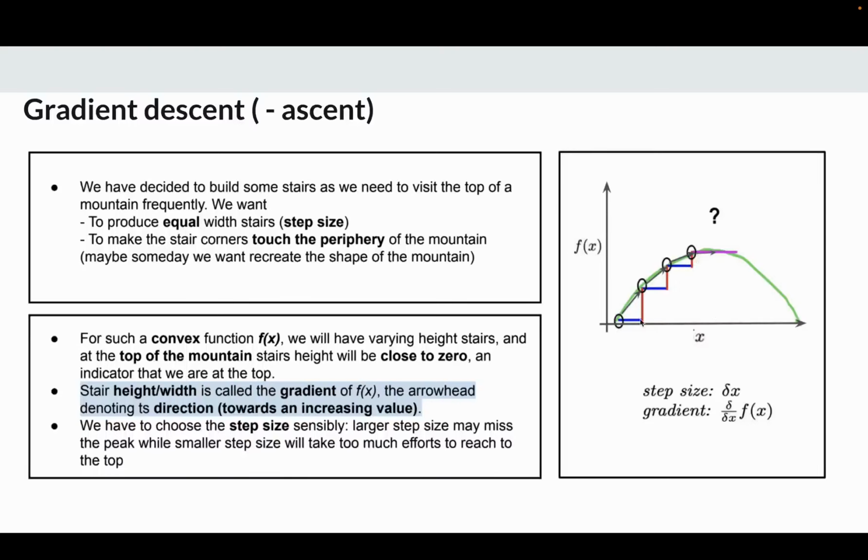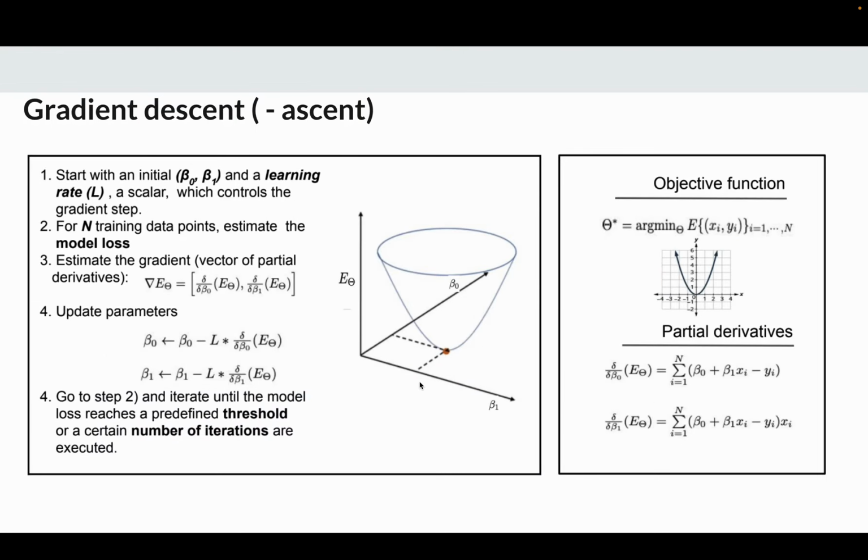If you take a bigger step, something like here, up to here, then you'll miss the mountain top. On the contrary, if you take a smaller step size, then you will have to build many steps. So that's the relationship between the step size and whether you miss the top of the mountain or you take more time to climb up the mountain. Now go to the original problem and the algorithm, so you will understand quickly.